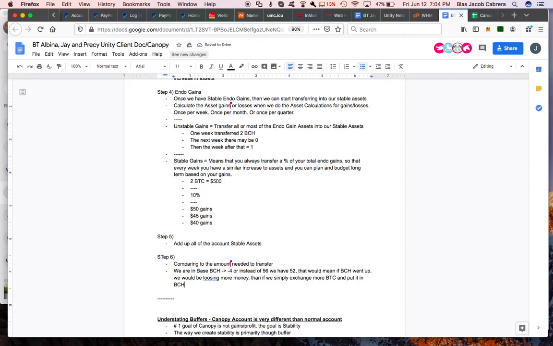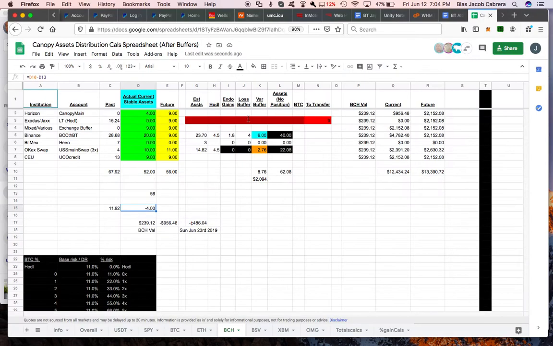So it's just helping stabilize our overall finances. We never want to be in a negative number here. We always want to be positive or equal as best as possible, so that if BCH skyrocketed, we wouldn't be losing more money on top of the other money that we'd be losing. Does that make sense? Yes. So overall, it's bad if this is a negative number. We want to make sure that it's a positive or a 0.